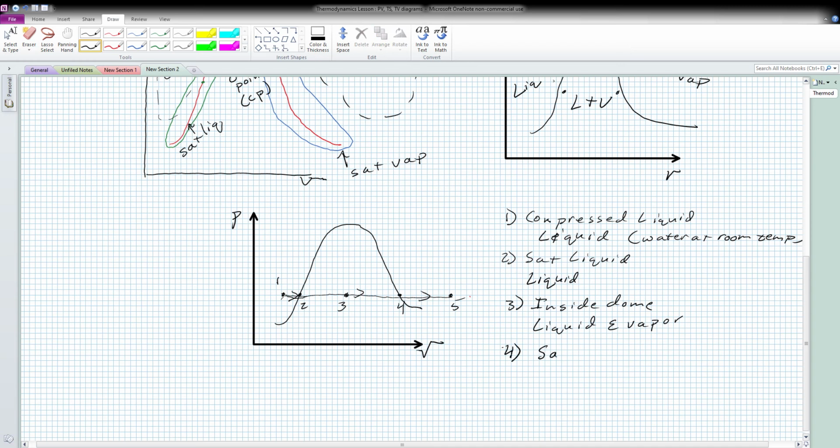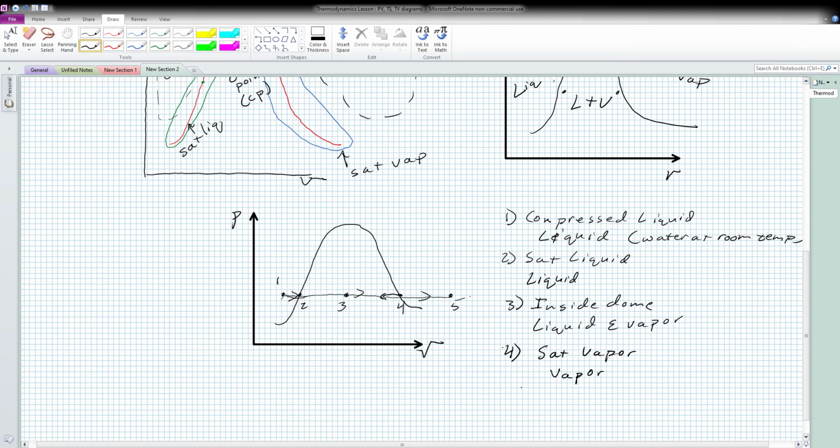This is called saturated vapor. And at this point, you are vapor, but you just became vapor. So all the water just evaporated right now. If you remove even a little bit of energy, it can condense. So for example, if that vapor were to reach the cooled lid that you had on the top, at that point you'd be going backwards into the dome.